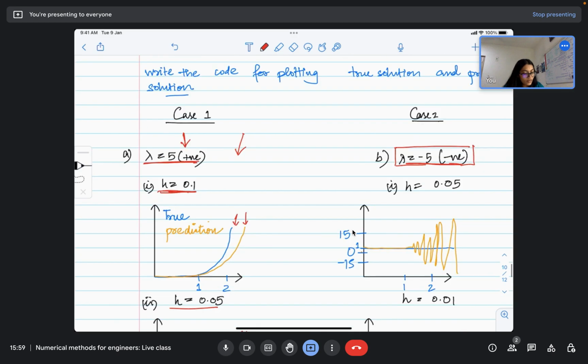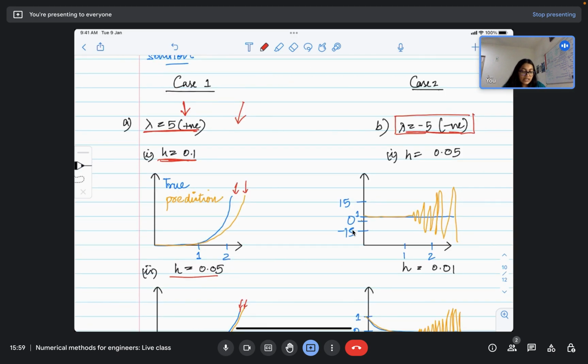Now, if you take a lambda which is a negative value, that is -5, and you compute it for a time step of 0.05, which is even more accurate as compared to 0.1, even in this case, the true solution is supposed to be almost at 1, but the predicted solution stays around 1 till a particular instant, like till 1.